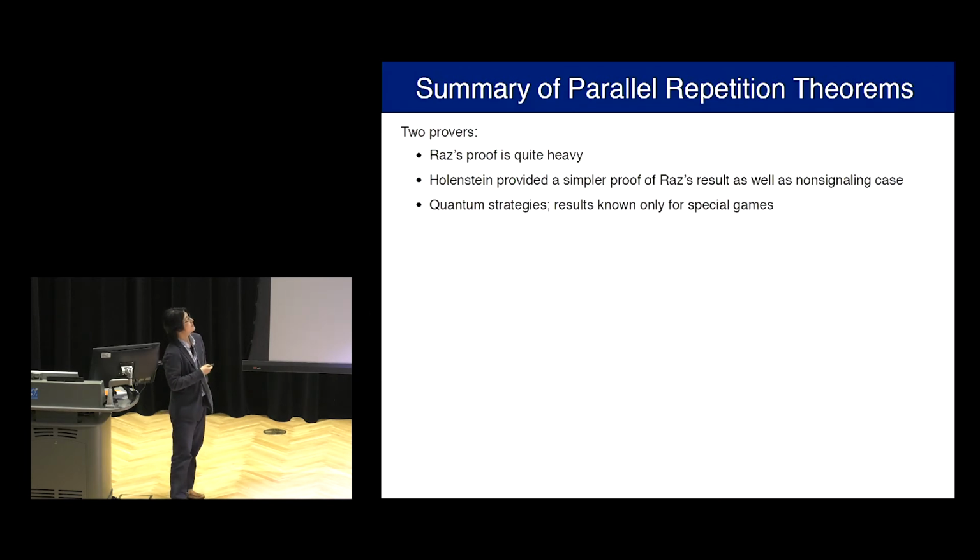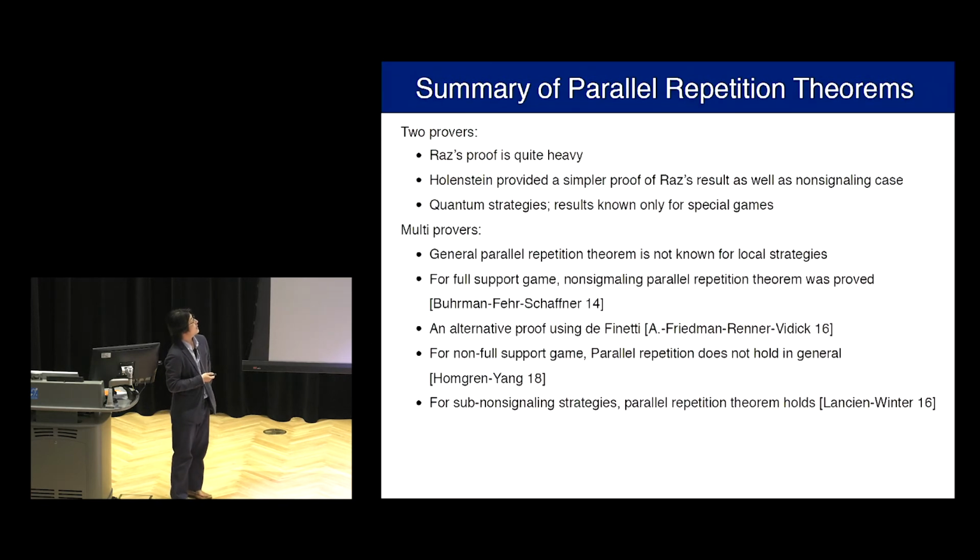For quantum strategies, the general parallel repetition theorem is not known, and results are known only for some special games. For the multi-prover case, with more than 2 provers, general parallel repetition theorem for local strategy is not known. But the parallel repetition theorem for non-signaling strategies is known.